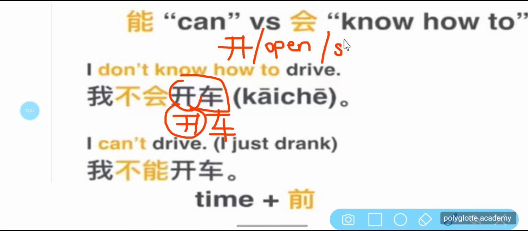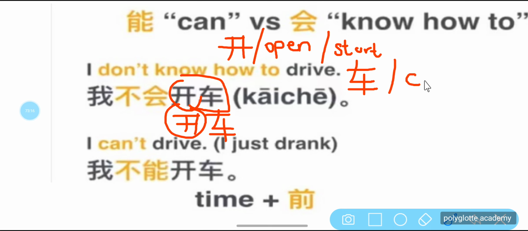To start. So Kai means to open, or it can mean to start. And Che, this is Che. Sorry, I will demonstrate that. I love to break down the characters so that you know each character before you know the combined meaning of the characters.